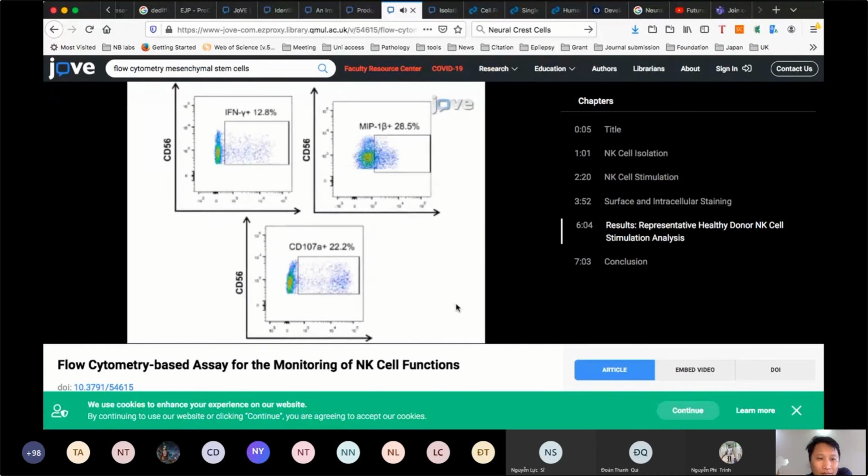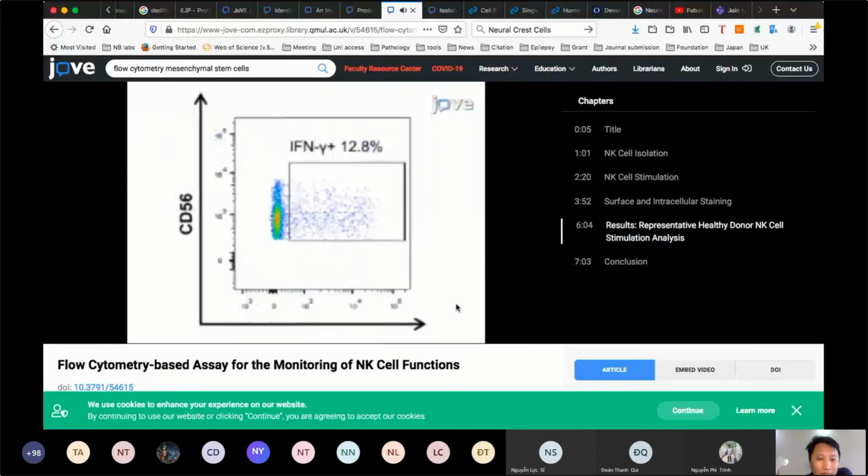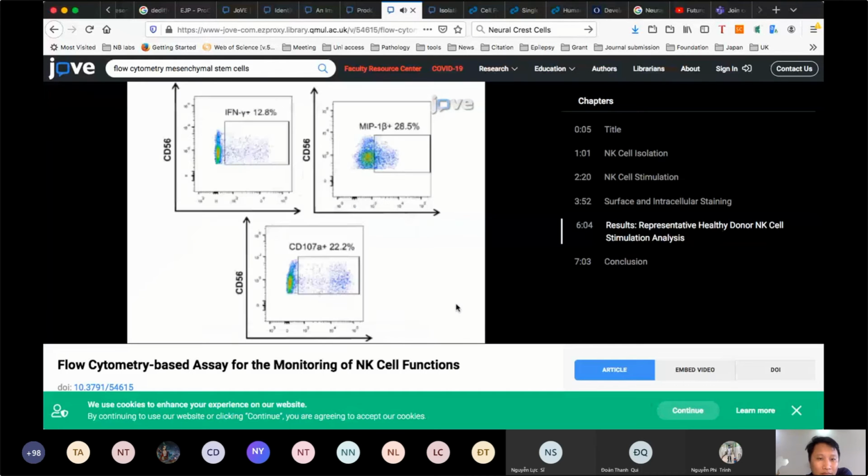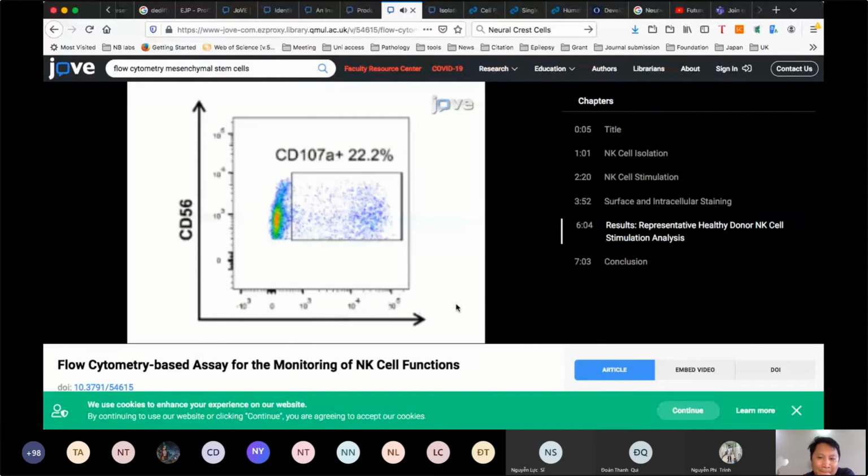In contrast, NK cells stimulated with tumor cells and cytokines produce significant amounts of intracellular interferon gamma and MIP-1 beta, with over 20% of the cells demonstrating degranulation upon tumor cell interaction, as indicated by their CD107A cell surface expression.